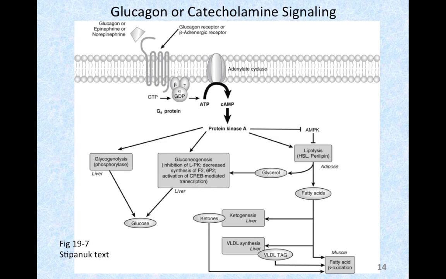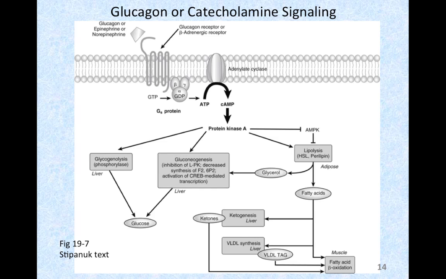And this response element is in the promoter of a few gluconeogenic enzymes like glucose 6-phosphatase. Okay? And so that allows gluconeogenesis enzymes to be elevated because of protein kinase A as well.